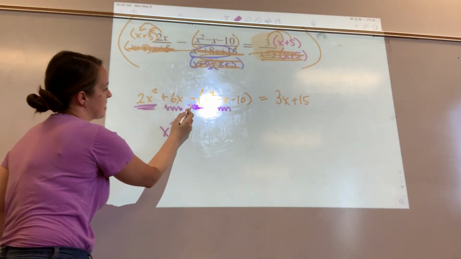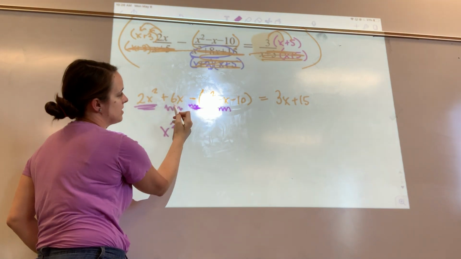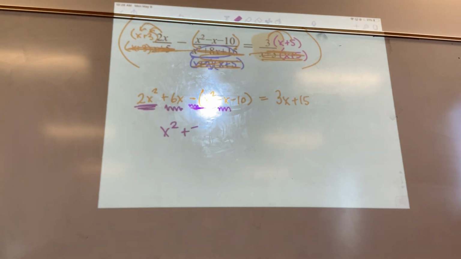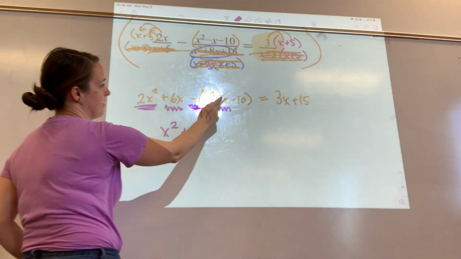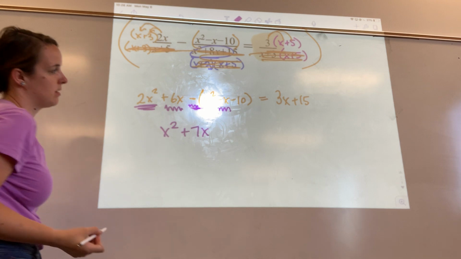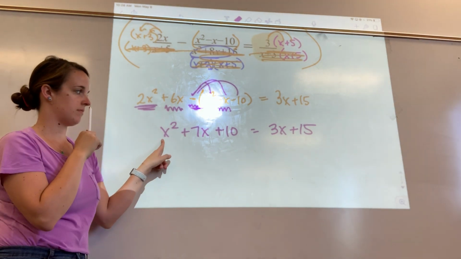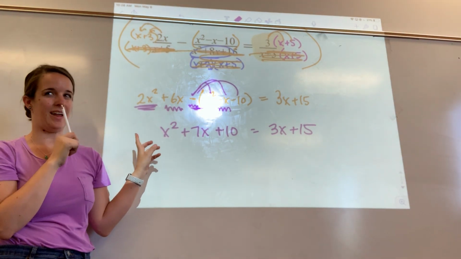This is like 6x minus a negative would be positive. 6x plus x would be 7x. And then I have the negative 10, which would make positive 10. So we're like distributing that in there. Okay, and then I think we got here. What do I do now?